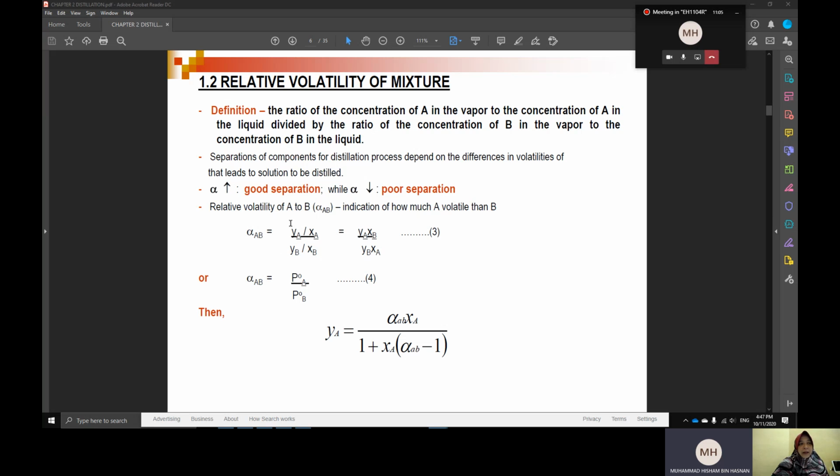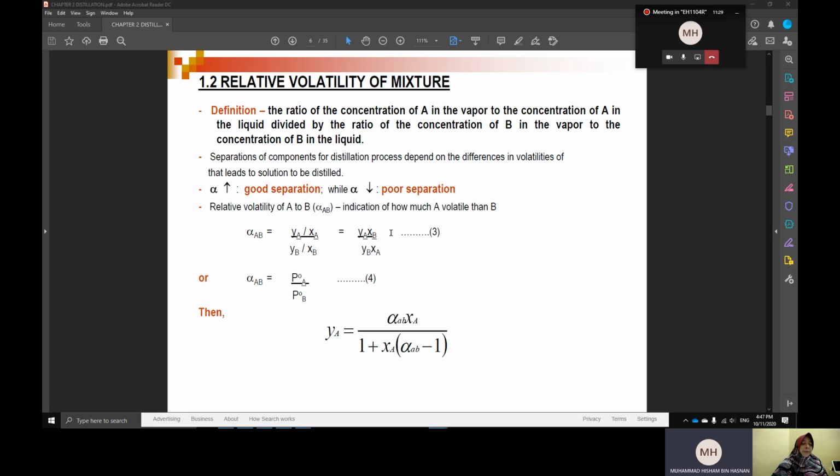If you calculate alpha and get a value of alpha equal to 8, that is much better, right? That means, based on the alpha that I have, I'm confident enough to use the distillation method. That is what it means.